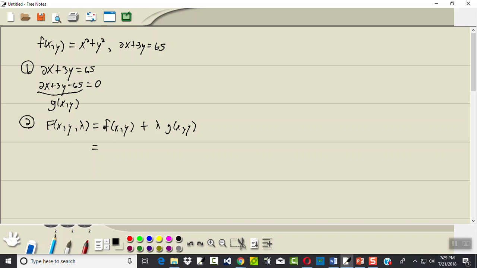So f of xy is x squared plus y squared, plus lambda times what we said g of xy was, which is 2x plus 3y minus 65. That gives us x squared plus y squared plus 2x lambda plus 3y lambda minus 65 lambda.